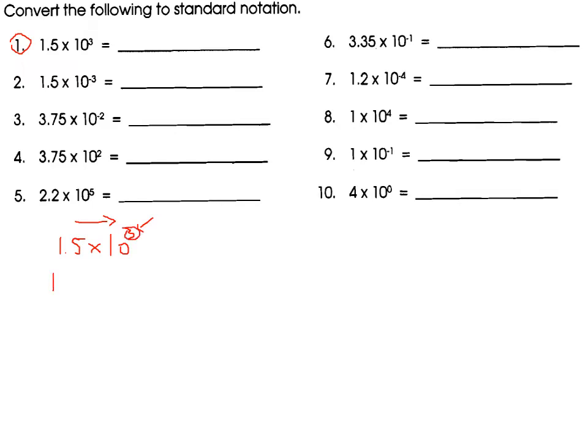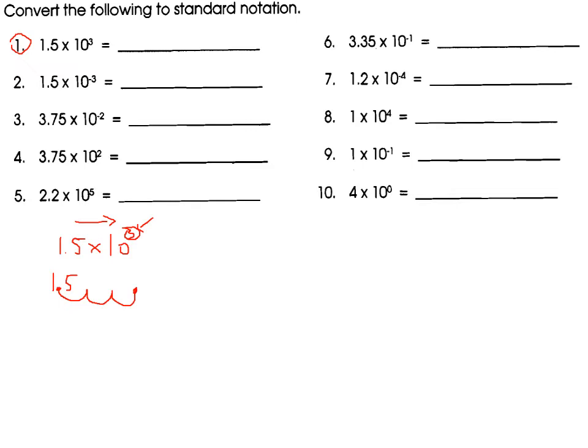So we're going to have the 1.5 here. Start counting, so make a nice thick dot here to show your decimal, just so you don't get confused with where it is, and start counting 3 spaces. So 1, 2, 3. That last space there that you arrived on, that's where your decimal place will be.